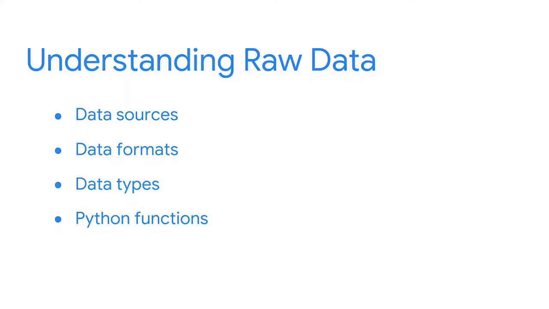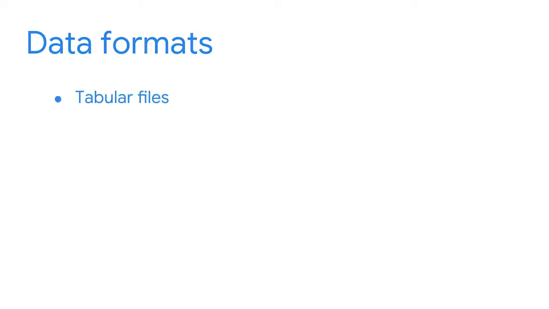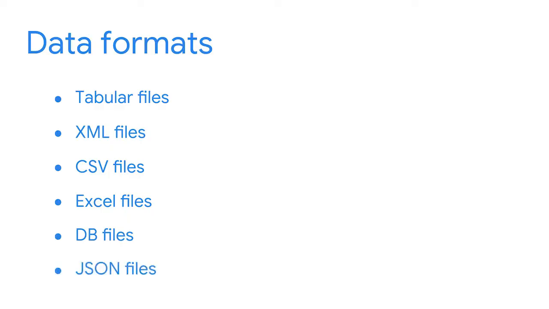The next thing you'll need to know about your data sources is the data file format. The main data formats you'll experience as a data professional are tabular files, XML files, CSV or comma-separated value files, spreadsheets, database files, or JSON files, which stands for JavaScript Object Notation. Here are a few examples of what these file types look like. If you've gotten this far into the program, you'll be familiar with tabular and Excel files by now.